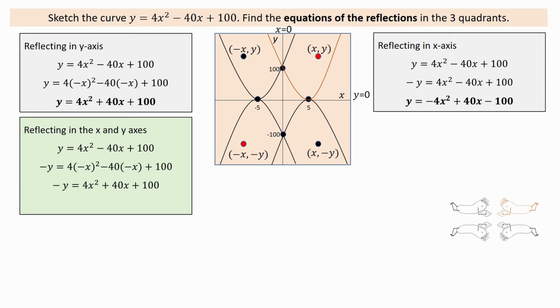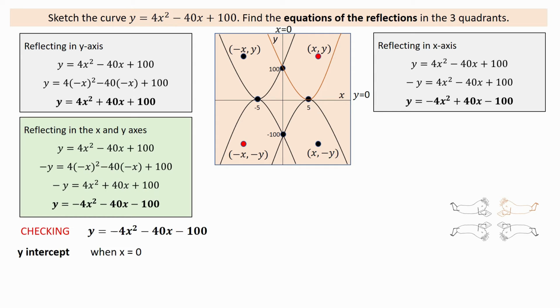Then multiply every term by negative 1 to obtain y equals negative 4x squared minus 40x minus 100, giving the equation of this reflection.